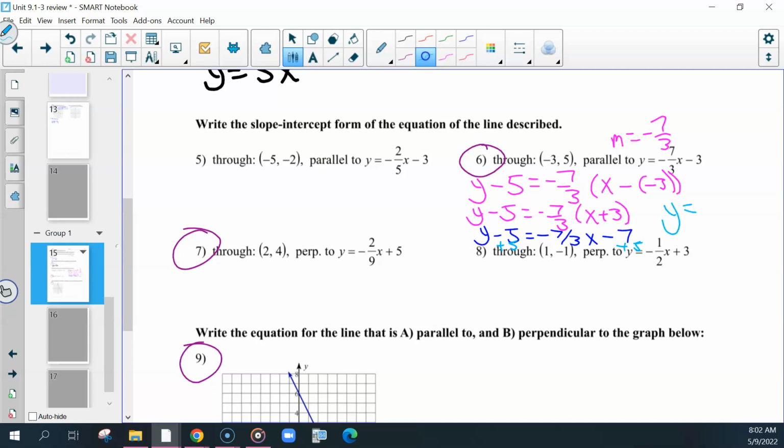So y equals -7/3x minus 2 is our final answer. What questions do we have on that? And then we're going to do one more.